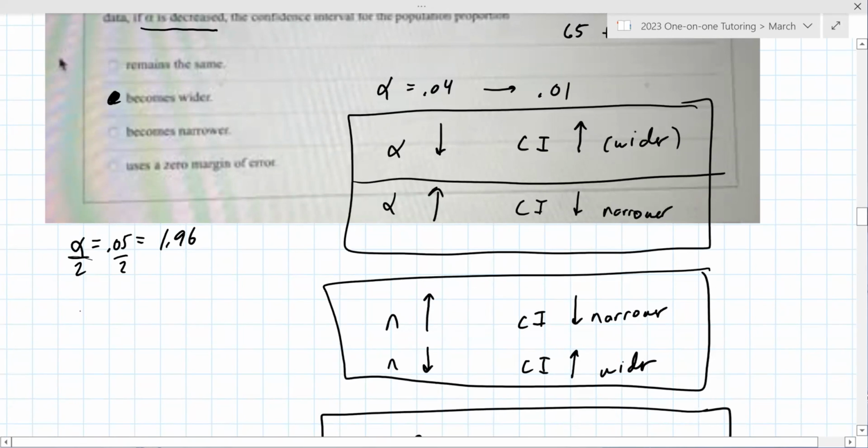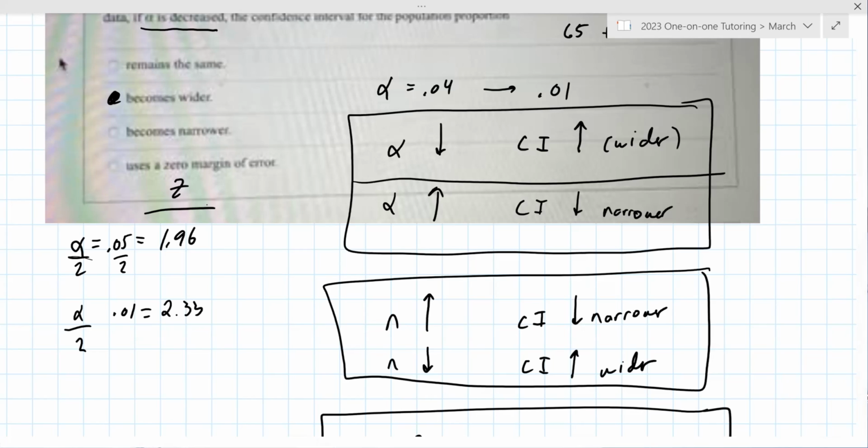If it's 0.01, the z becomes about 2.33. And because you're multiplying by the z, this number here, this is your z, that's why the interval gets wider as alpha gets smaller.